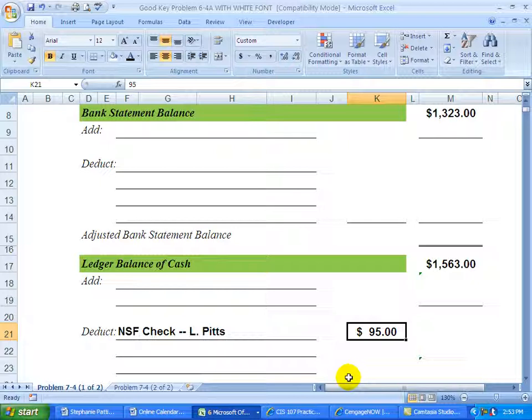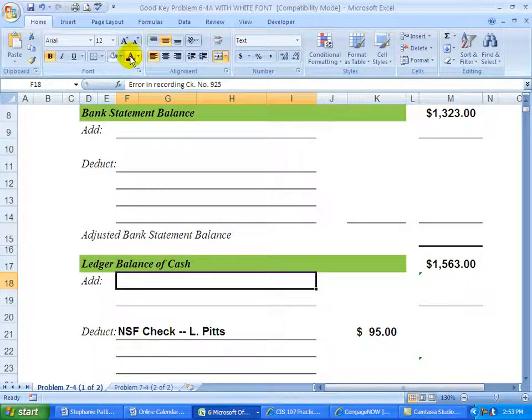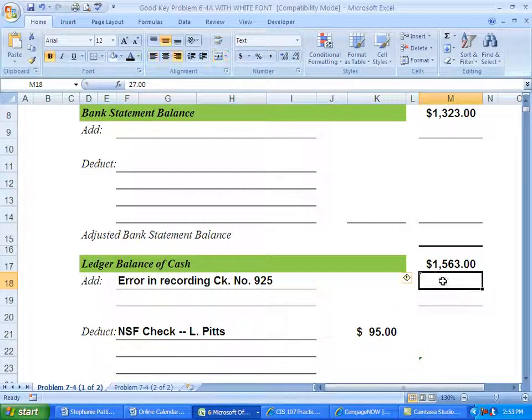We took too much out of our checkbook, so we're going to need to put back $27. So we're going to go to where it says add to the cash balance, and we're going to say what it was, an error in recording the check, and the amount of it is $27. That's the amount that we took out in excess of what we needed to.